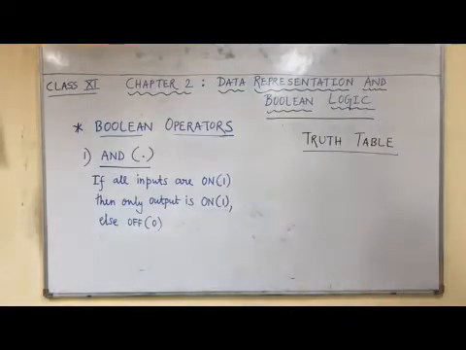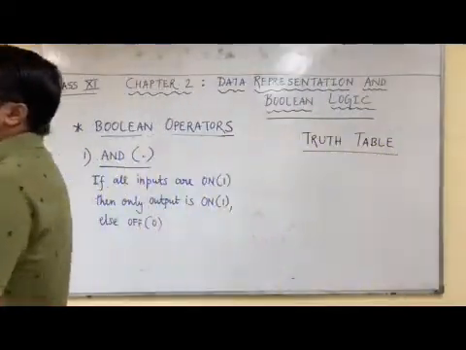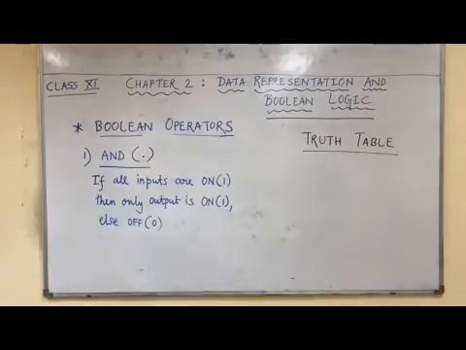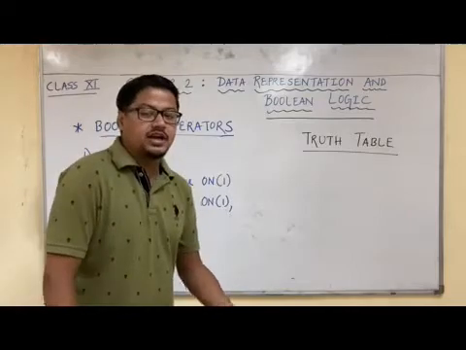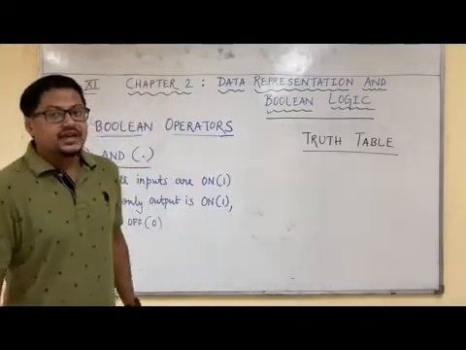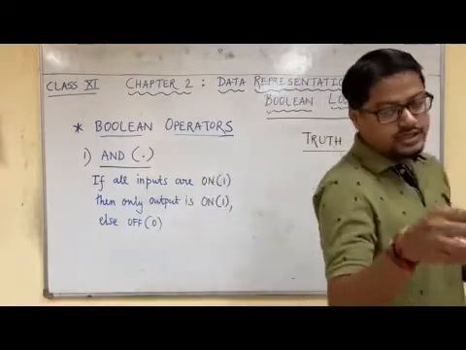Now, whenever we are going to talk about this AND operator and OR operator and NOT operator, we have to represent the inputs and outputs in tabular format or in the form of a table. I would repeat once more.